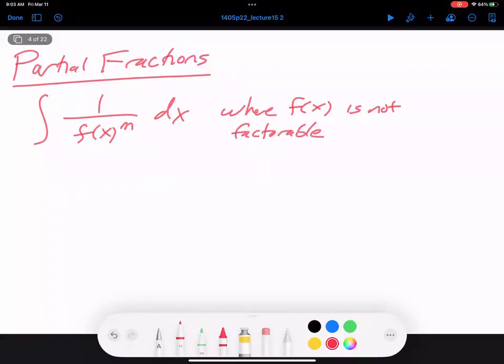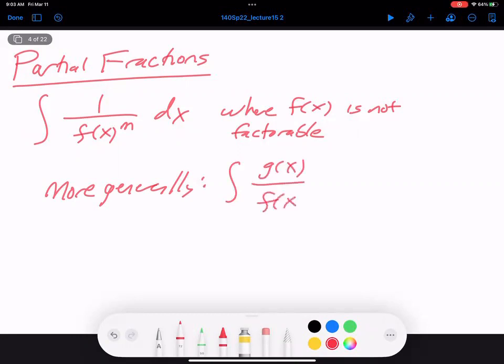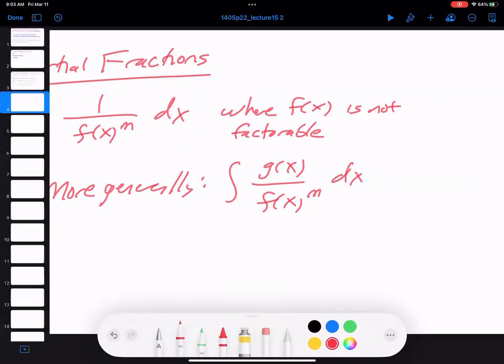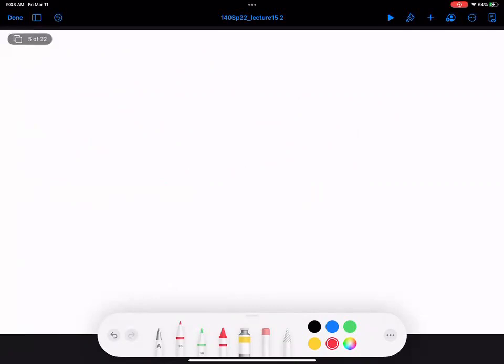And of course, we might want to consider more generally the integral of g of x over f of x to the m dx. So we want to look at stuff like that.